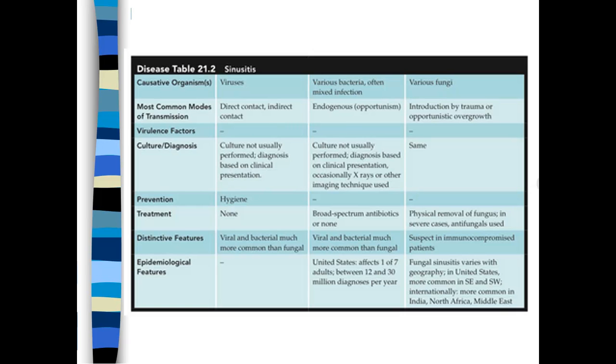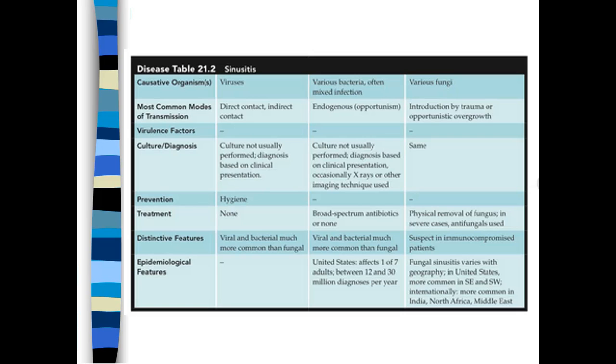And here is our wonderful table for sinusitis. This shows the different modes of transmission. For viruses, these are not endogenous, but for bacterial infections, they're mostly endogenous or opportunistic infections.